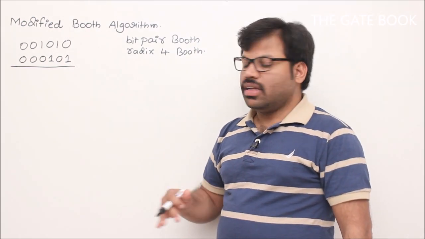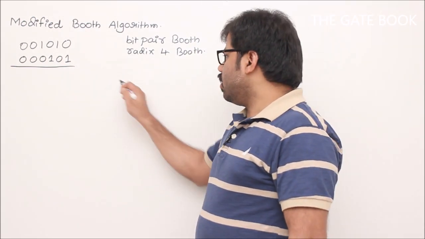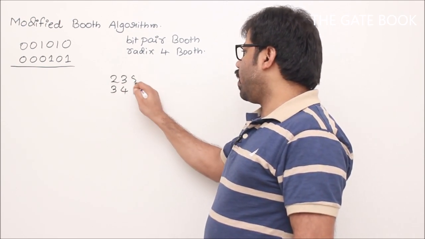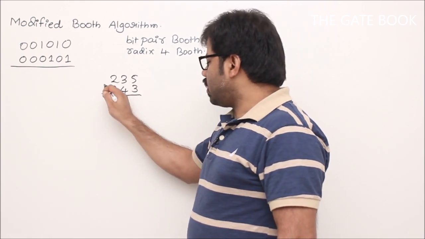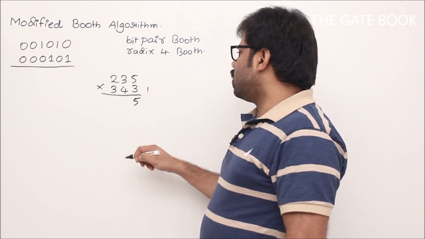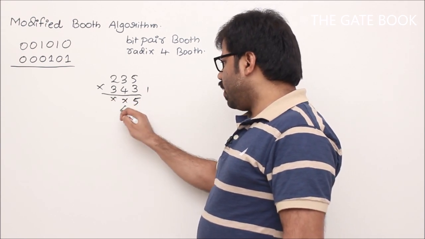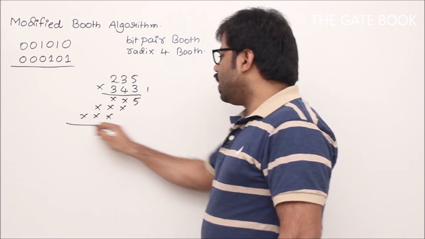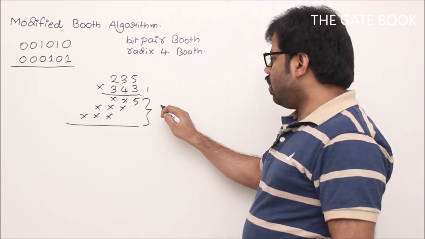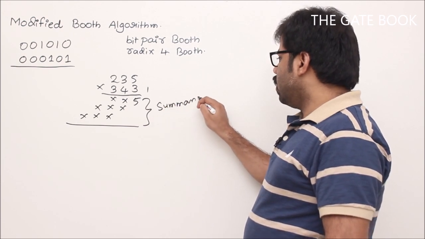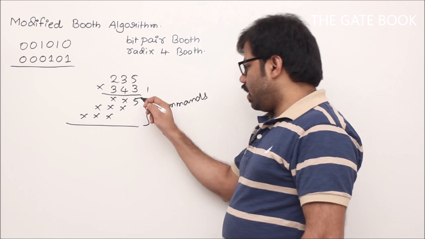But at the end of the day, look at the number of summands. For example, when you are multiplying 235 with 343, just apply the multiplication and observe. 3 times 5 is 15, something, something. I don't want to really do the multiplication, that's why I show it like this. You will see three summands. These three are called summands.